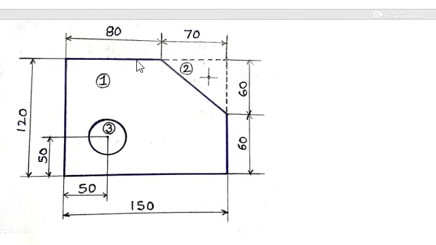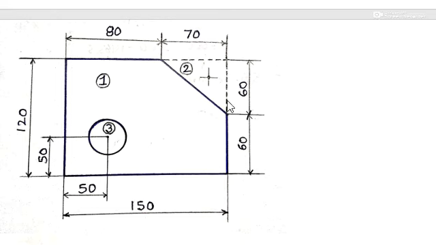We'll take figure 1 or area 1 as the total rectangle, that is 150 by 120, having total material, and from that we are removing a triangular area, that is area 2, and the circle, area 3. So like this we have divided the given question.